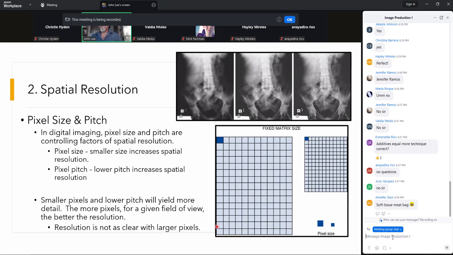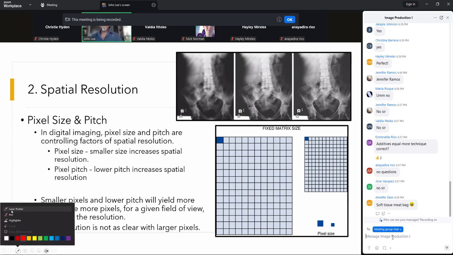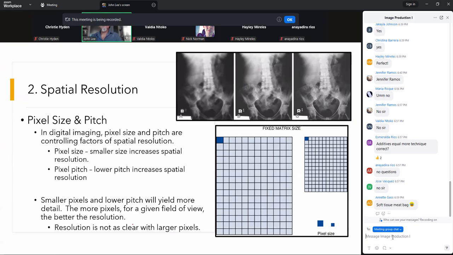Now, pixel pitch refers to the measurement from the center of one pixel to the center of the next pixel. So this would be the pixel pitch.